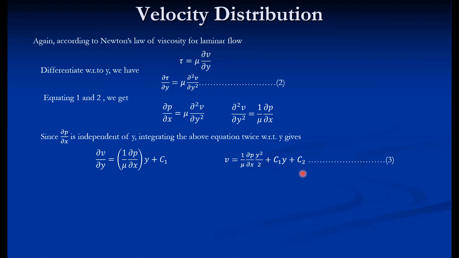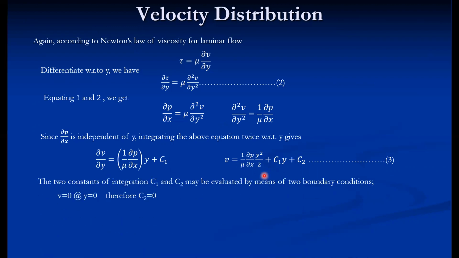Now the constants of integration we can obtain based on the boundary conditions. And we have for velocity two boundary conditions. The first boundary condition: at y is equal to 0, the velocity is equal to 0. So therefore C2 is equal to 0. And the second boundary condition: at the other end, that is at y is equal to b, velocity is equal to 0 again.